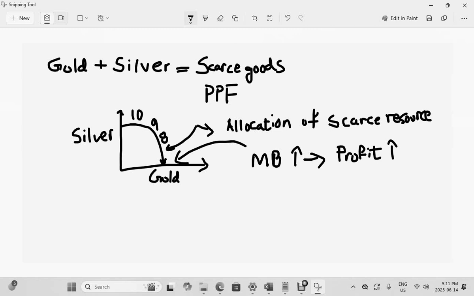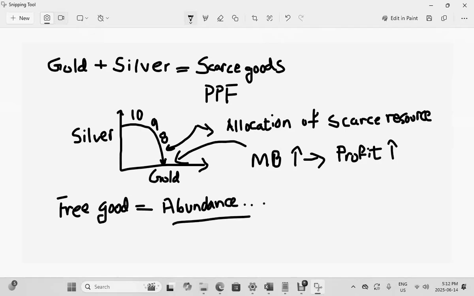Now, on the other side, you have a free good. A free good is something that is available in abundance. An example would be air in the atmosphere. Obviously, air is available in abundance.